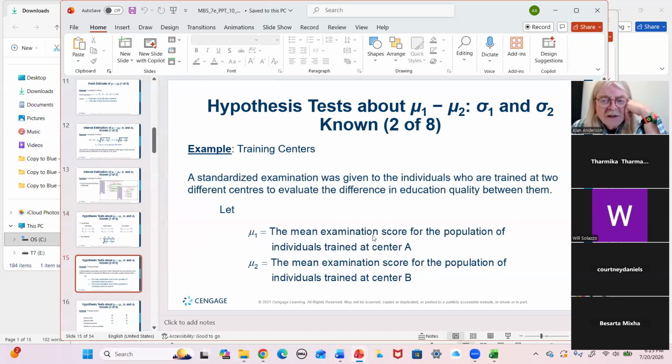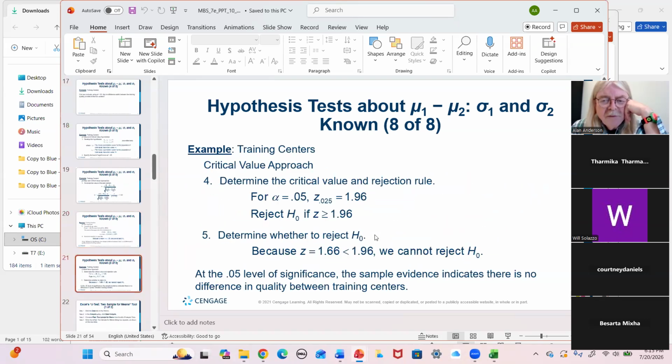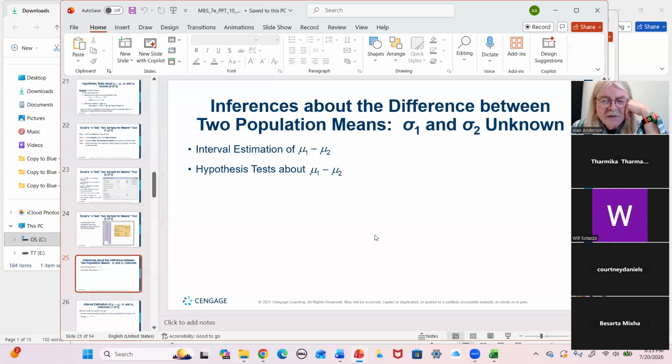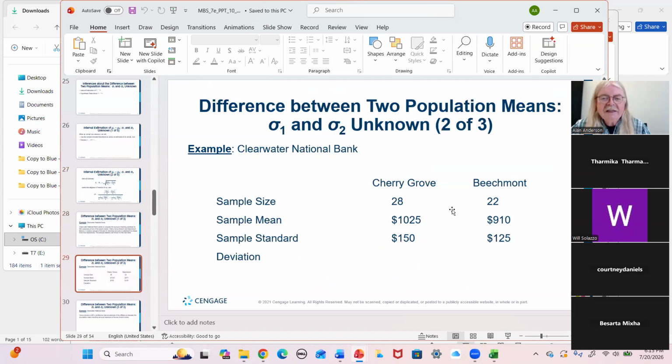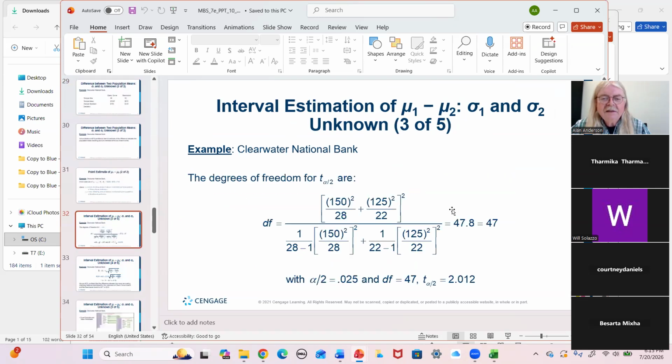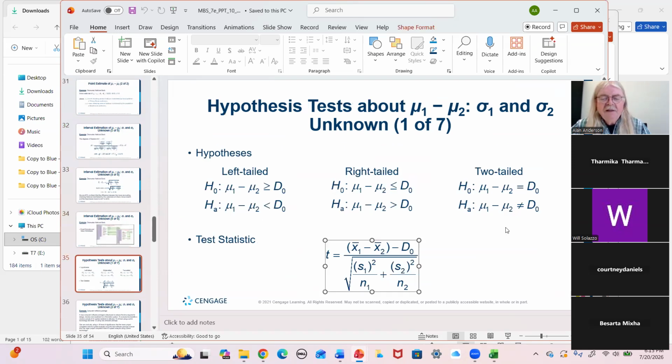So instead, it must be this one. Going to base this on the T distribution. Is this the one with the nightmarish formula for degrees of freedom? Yes, it is. So the test statistic here, no, that's a confidence interval. Here it is. Here it is.